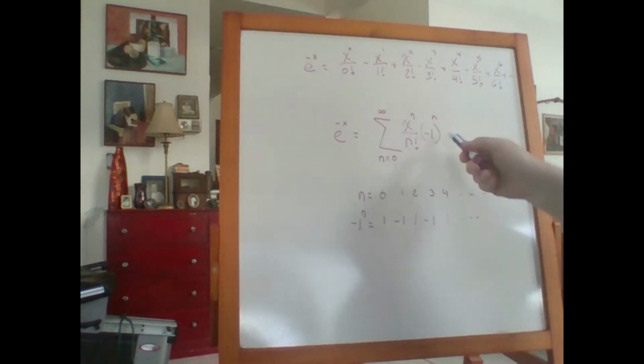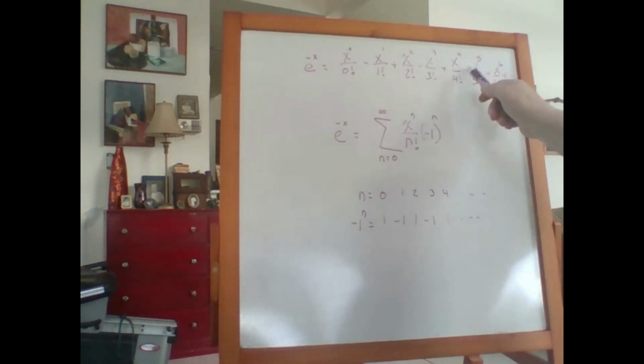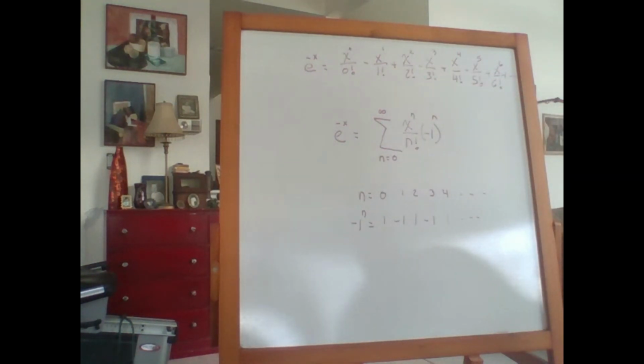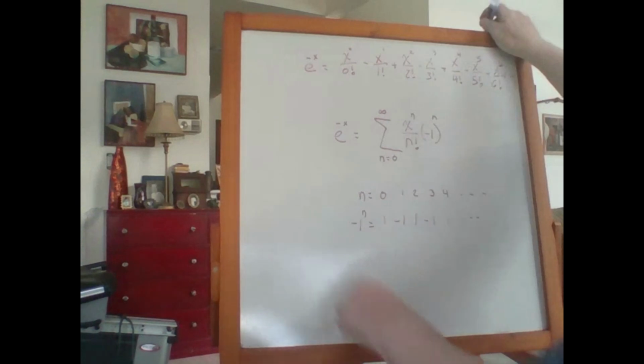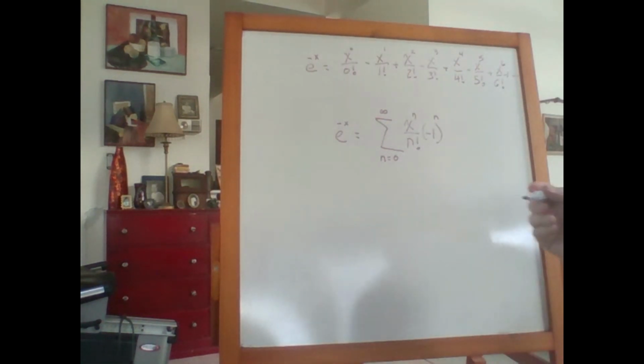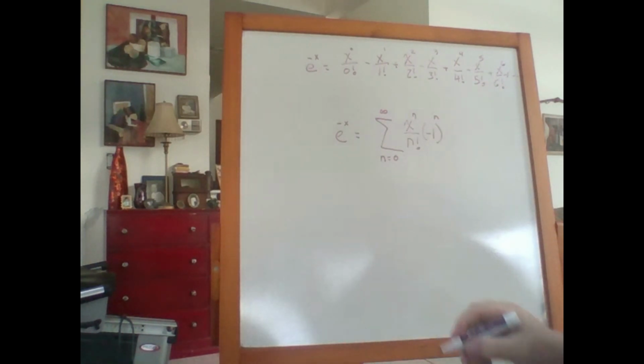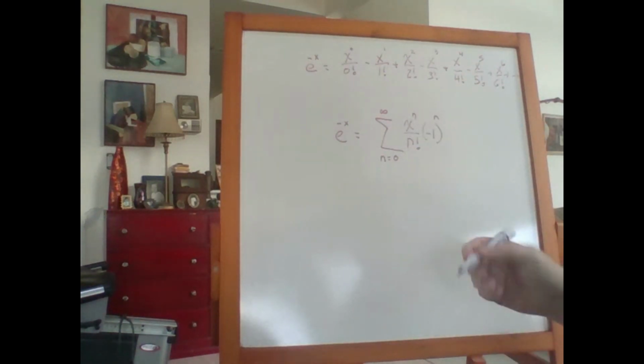And so that's the only difference to get that negative sign in our alternating fraction. So here we have e to the minus x, a nice depiction of e to the minus x as a Taylor series.